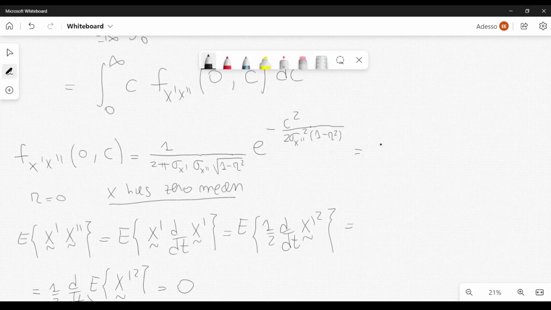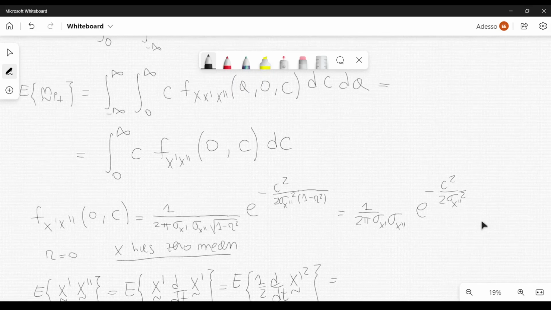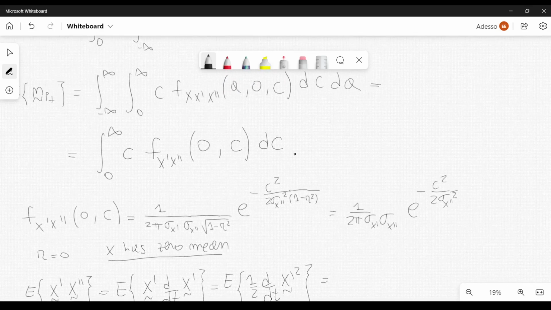So this will be equal to 1 over 2 pi sigma x prime, sigma x double prime, e to the minus c squared over 2 sigma x double prime squared, like this. And now we can use the formula here and do the integral and carry out the integration.